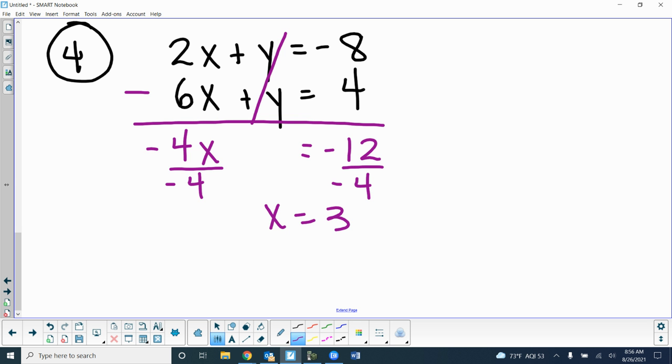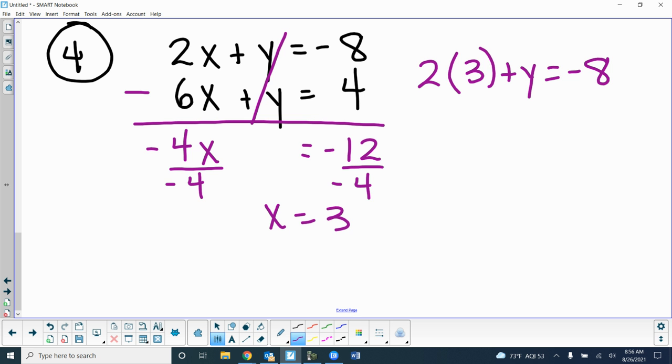Are we finished? No, we're not finished. We have to find both x and y, right? So, Caitlin, which of the two equations do you want to substitute the 3 in? Top or bottom? Okay. Again, it's your choice. So 2 times 3 plus y equals negative 8.